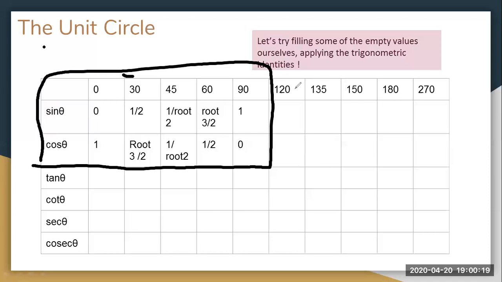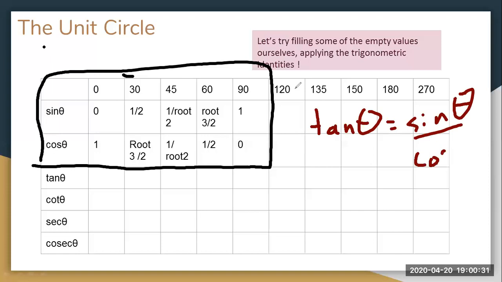So tan theta is equal to sine theta by cosine theta. We know this identity, and now we are going to apply that here. So 0 by 1 is 0. 1 by 2 by root 3 over 2 is 1 by root 3, and then 1 by root 2, 1 by root 2.